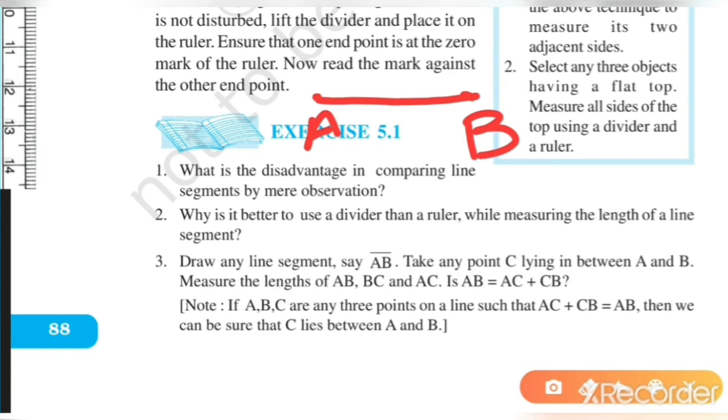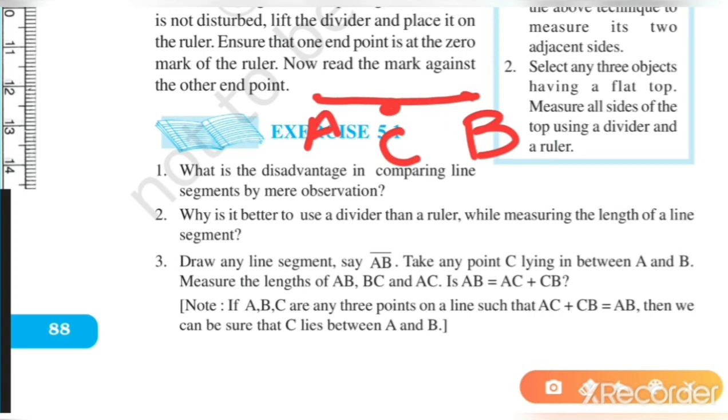Take any point C lying between A and B. We are taking any point C. As I am drawing digitally, my drawing will not be accurate. When you draw a line segment, use scale and pencil. Now take any point C lying in between A and B.